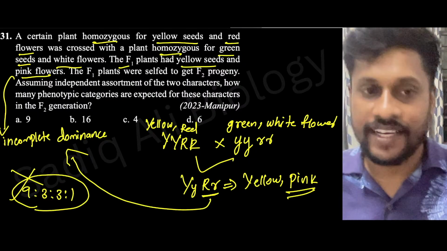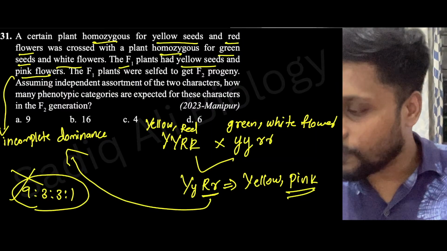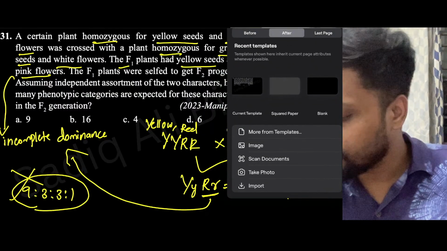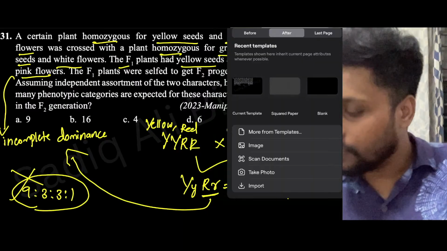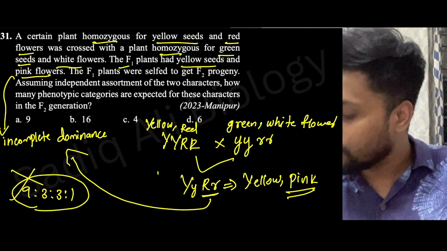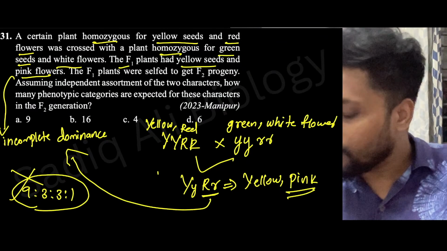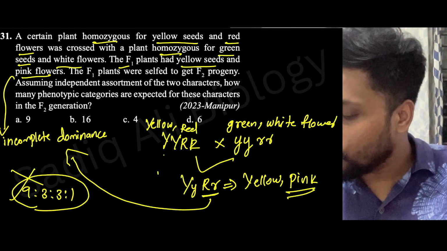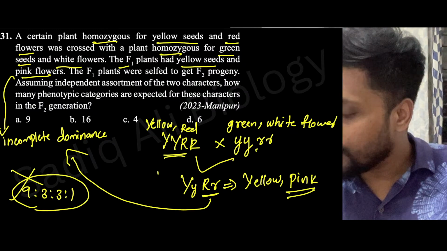Guys, the answer is different. I will do this for you guys. Okay, let me do it. Just note it down, guys. Here we are crossing yellow red with the green white.